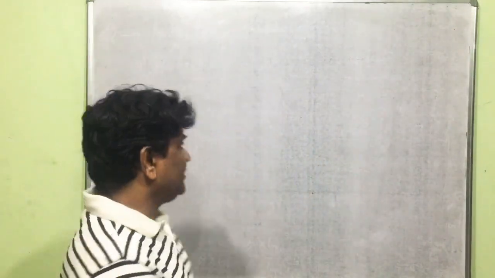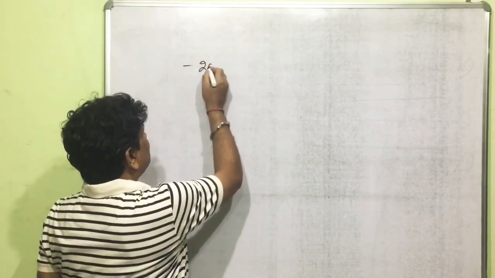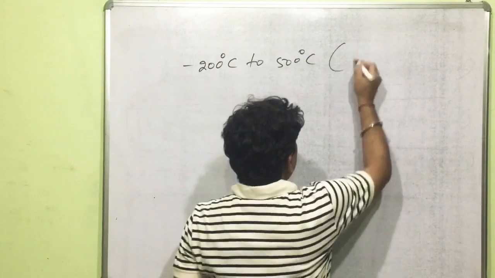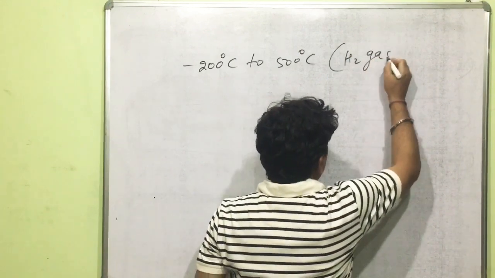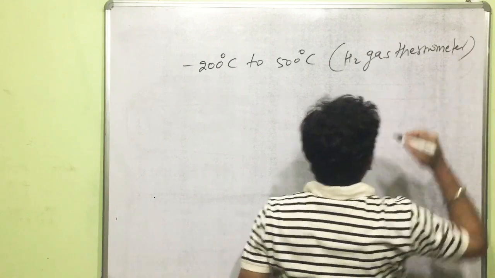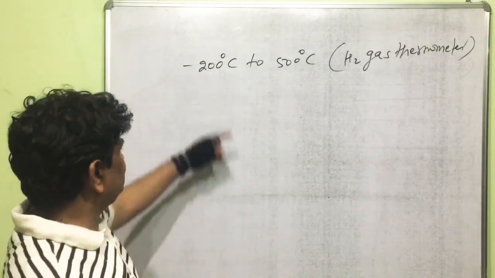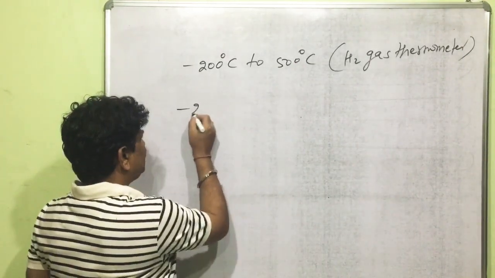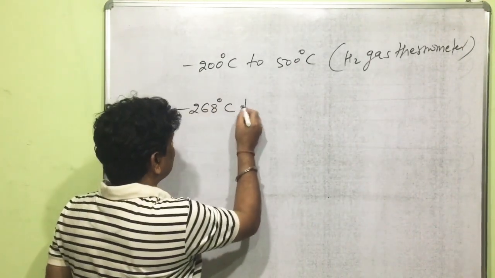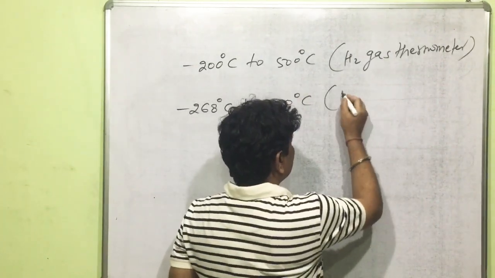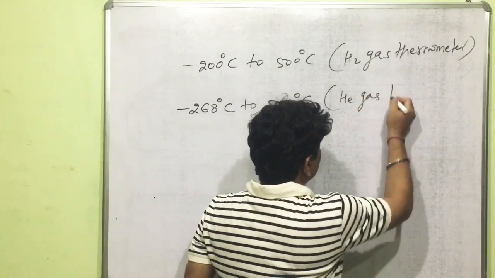Now what is the temperature range of a gas thermometer? Minus 200 degrees Celsius to 500 degrees Celsius is the temperature range of a hydrogen gas thermometer. Minus 268 degrees Celsius to 500 degrees Celsius is the temperature range of a helium gas thermometer.